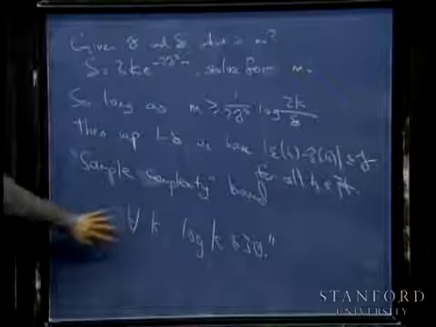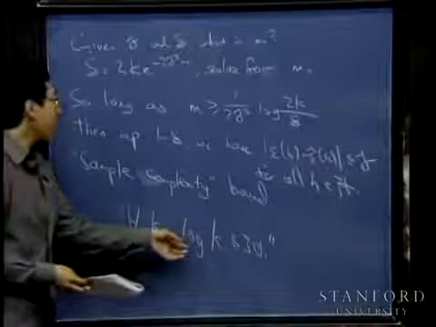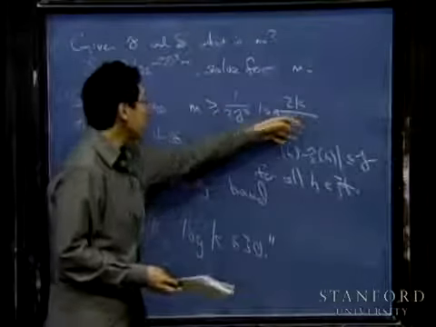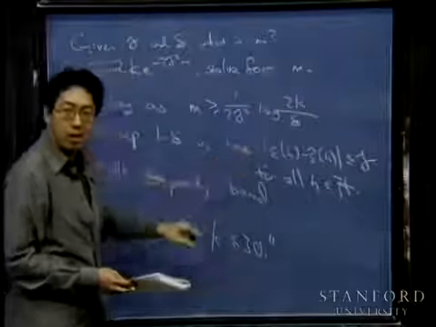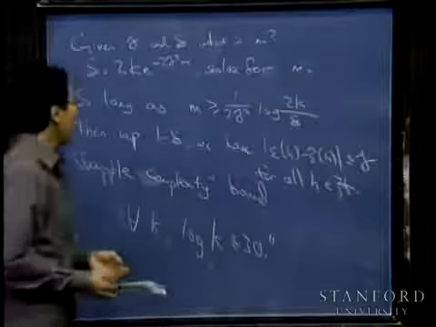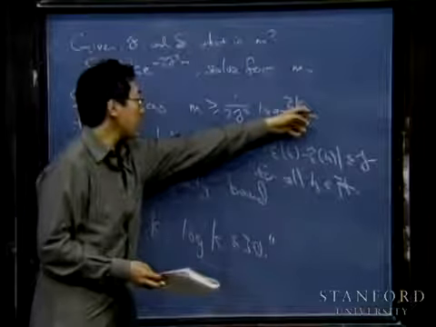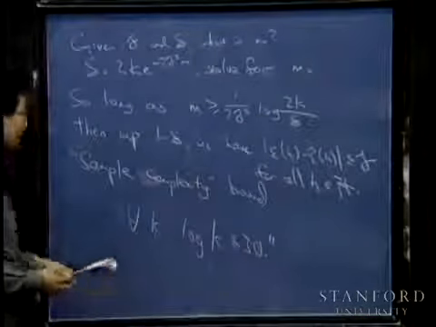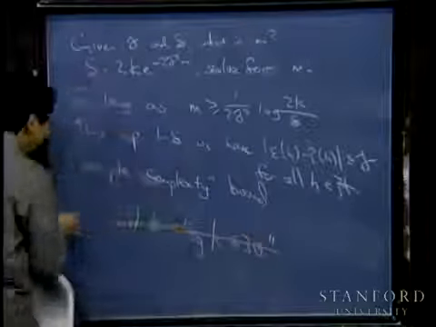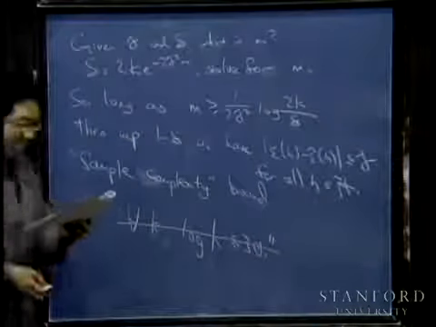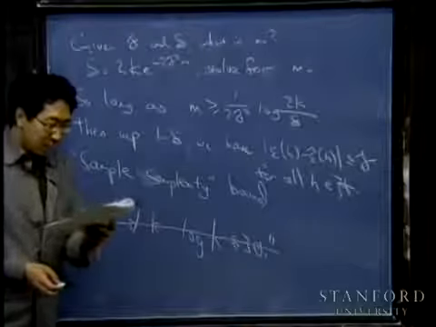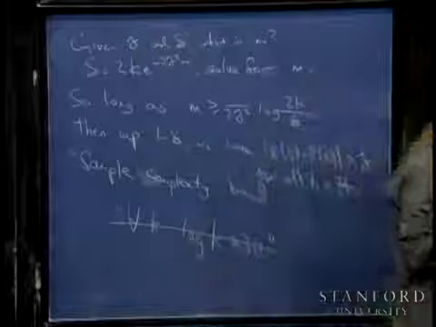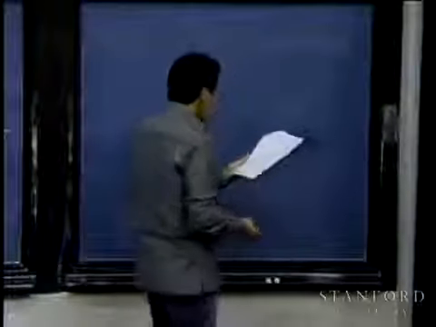This is almost true. So the fact that m, the sample complexity, grows like the log of k means that you can increase the number of hypotheses in your hypothesis class quite a lot, and the number of training examples you need won't grow very much. This property will be important later when we talk about infinite hypothesis classes.